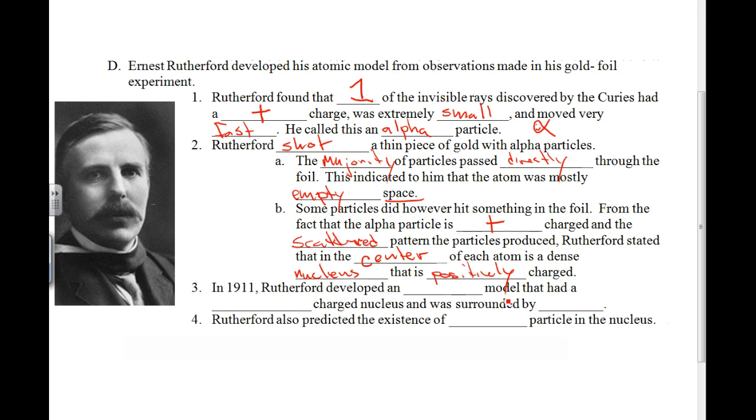All right. In 1911, Rutherford developed an atomic model that had a positively charged nucleus and was surrounded by electrons. Rutherford also, this is impressive, predicted the existence of neutral particles in the nucleus.